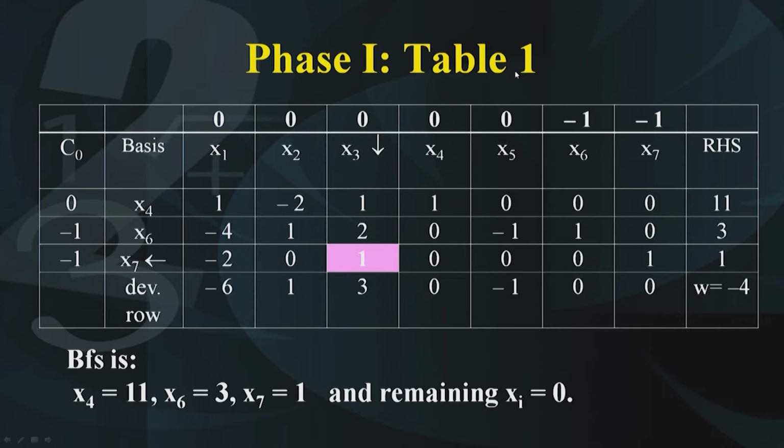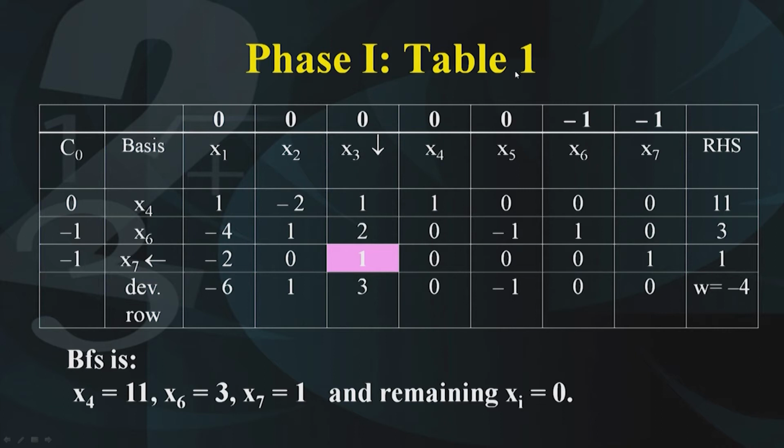So, the corresponding entries in the top line have to be 0. Only the entries corresponding to x6 and x7 will be minus 1.